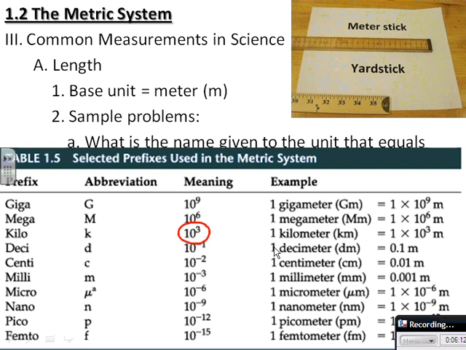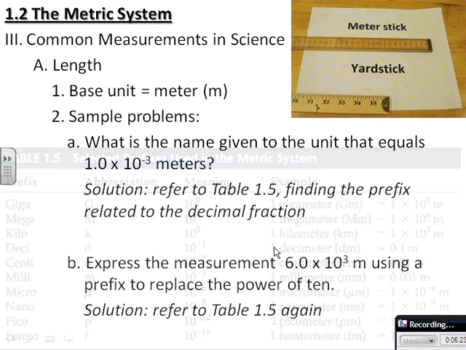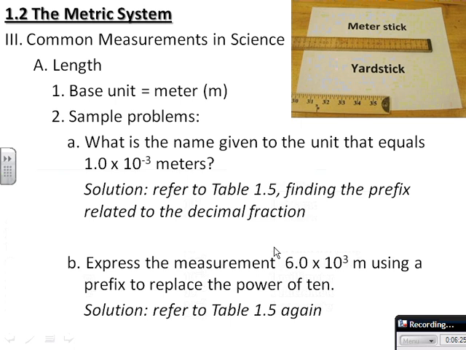And the prefix associated with it is kilo. All right, so that will allow us to go back and rename that from 6.0 times 10 to the third meters to just 6 kilometers. Okay, so that's how using the metric system and measuring length works.